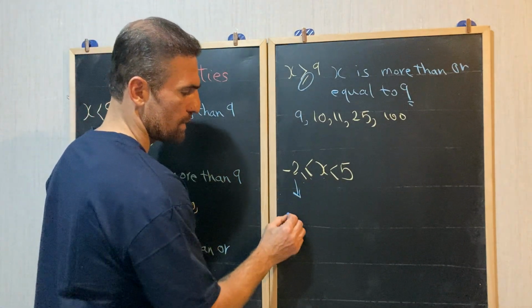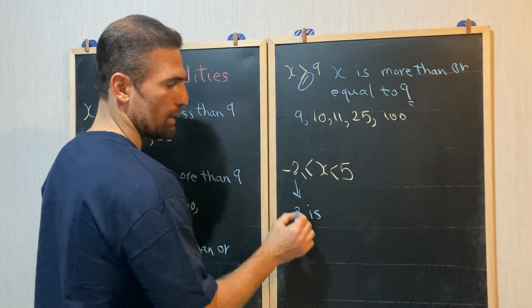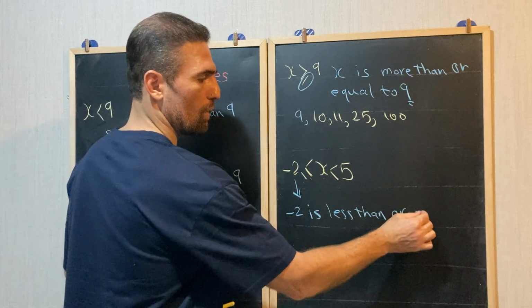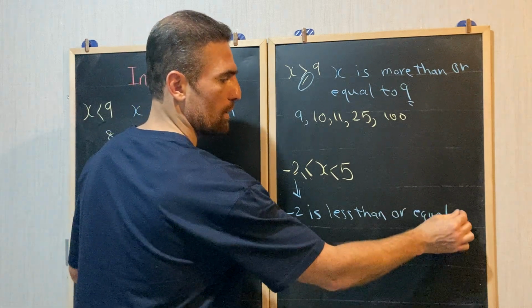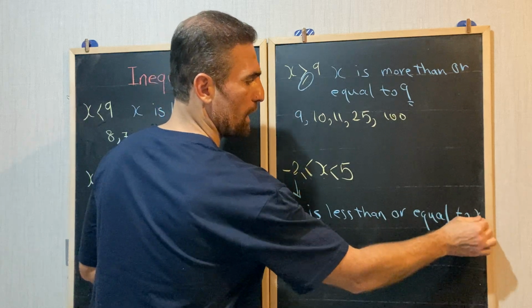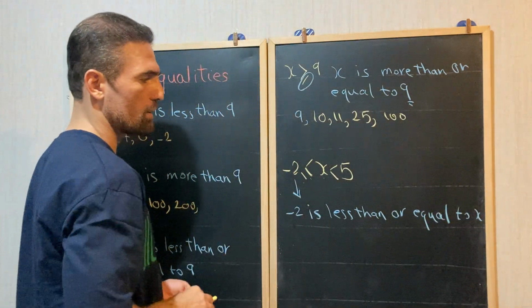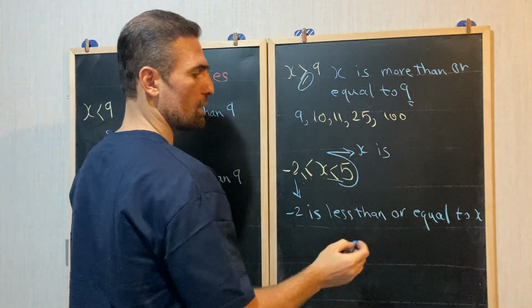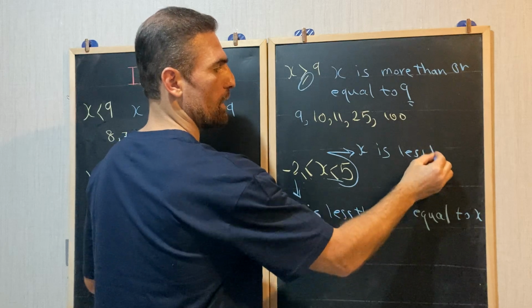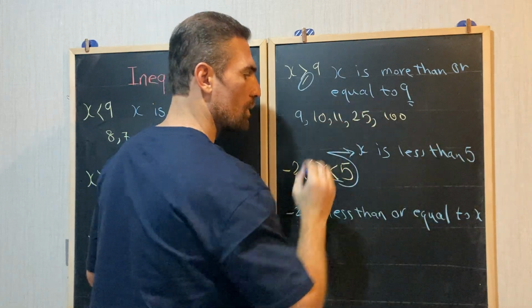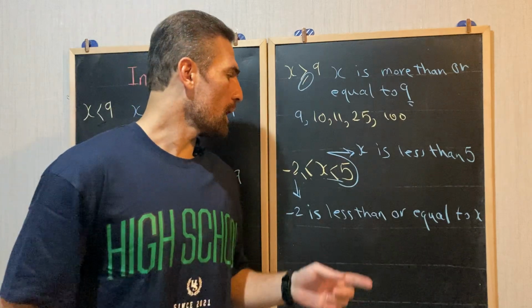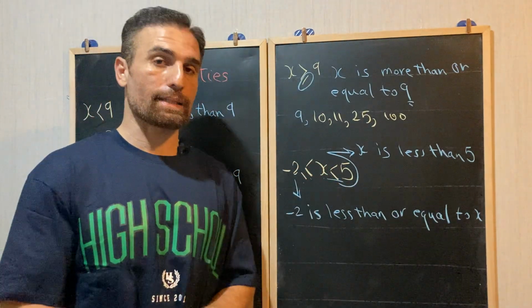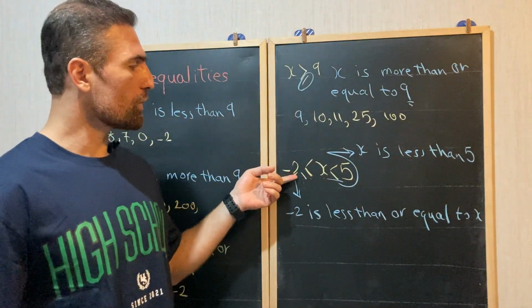This side says -2 is less than or equal to x, and this symbol says x is less than 5. In other words, x has to be between -2 and 5.